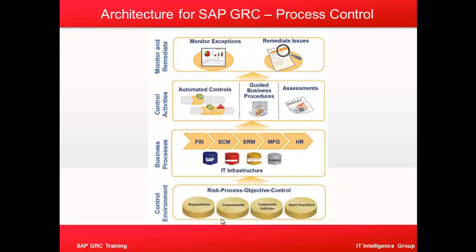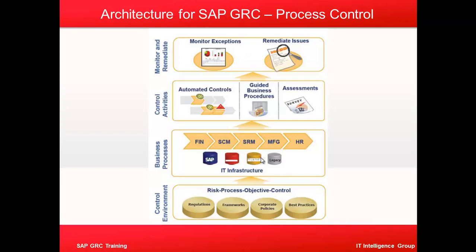And the business processes that need to be protected or controlled are in these areas: finance, SCM, that is supply chain, SRM, supplier relationship management, manufacturing, HR, and those outside of your SAP, say PeopleSoft and other legacy products. So these are the business processes across the enterprise.